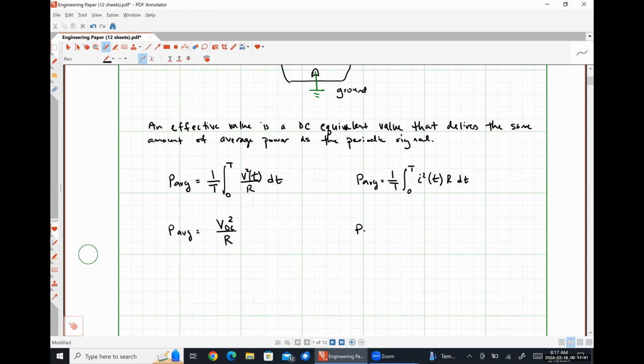And similarly, for a current, we're just going to have our DC current squared times our resistor value. So in order for us to figure out the relationship between our time varying voltage or current and our effective DC voltage or current, I'm simply going to equate those two relationships for average power and then algebraically manipulate things, right?